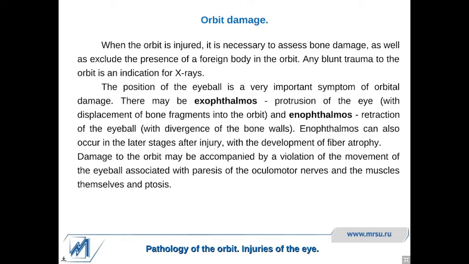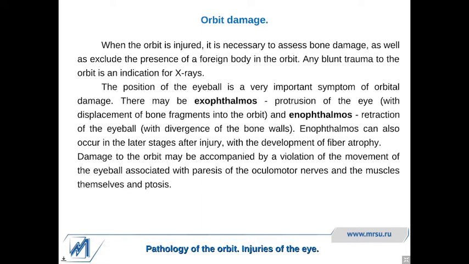There may be exophthalmos, it is protrusion of the eye, with displacement of bone fragments into the orbit. If there is bone damage with bone fragments displacement into the orbit, there will be exophthalmos. If there is enophthalmos, it is a situation with retraction of the eyeball with divergence of the bone walls, so the bone fragments go outside the orbit.